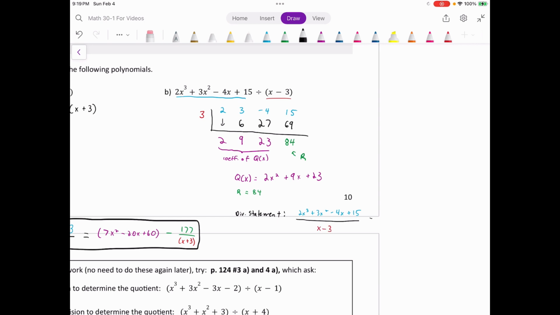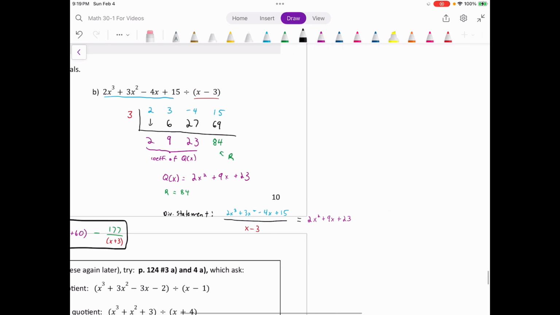And we found that that was equal to 2x squared plus 9x plus 23. And then add our remainder. Remainder was 84 over x minus 3. Okay, and there we go. That's the answer as a division statement.